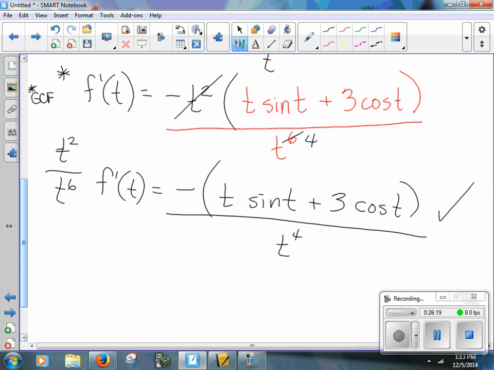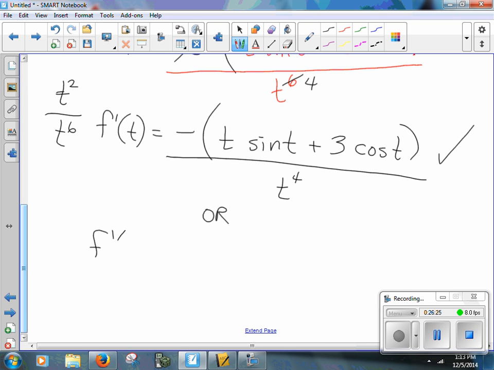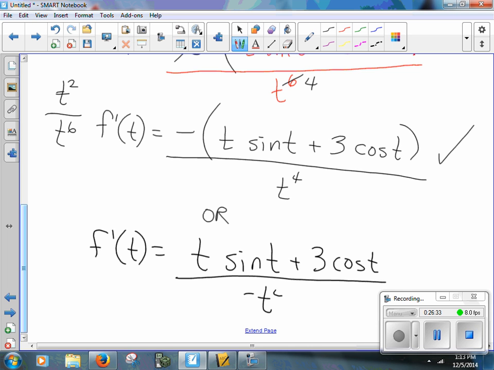You gotta be aware of what could happen. I just want you to write this down so you'll know that it is another option, okay? F prime of t could be T sine T plus 3 cosine T over negative T to the fourth. Remember, think of negative signs that are standalone negatives as a floating negative.